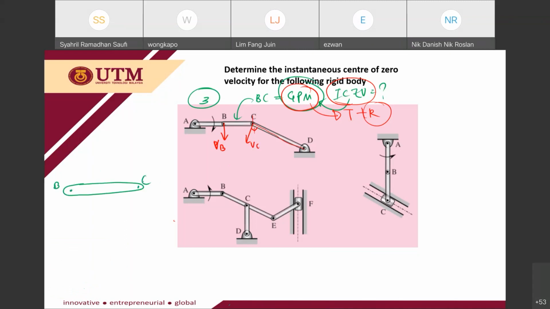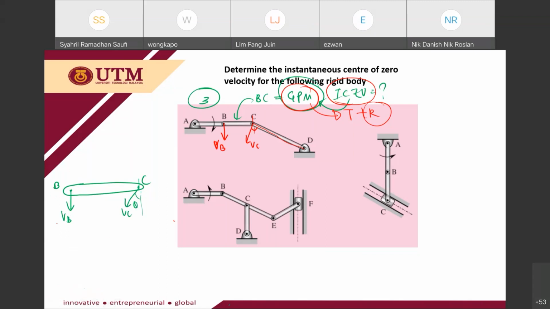So previously we determined the velocity line, in order to know the motion of the member. From the previous exercise, we know that this is VB, this is VC. The velocities are different. That's why BC is general plane motion.